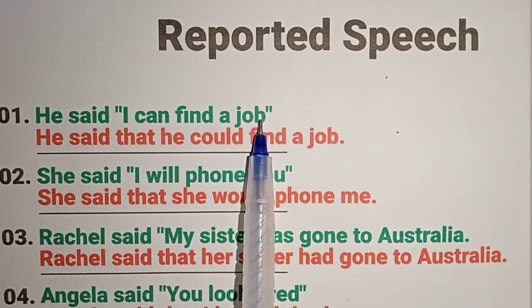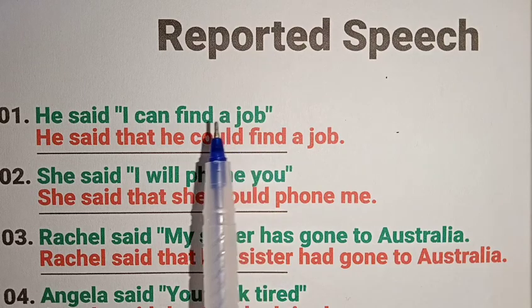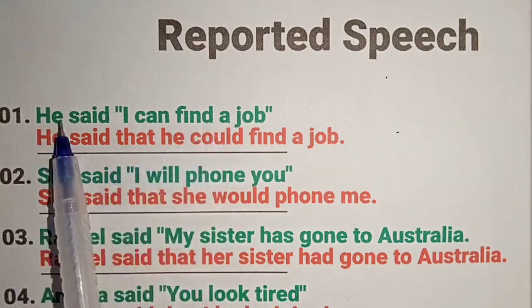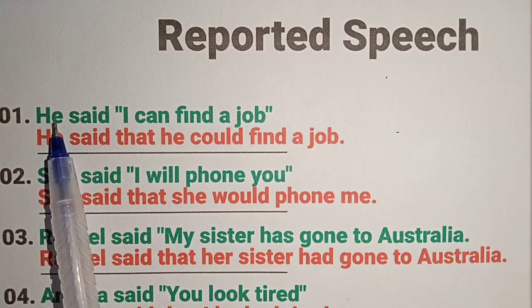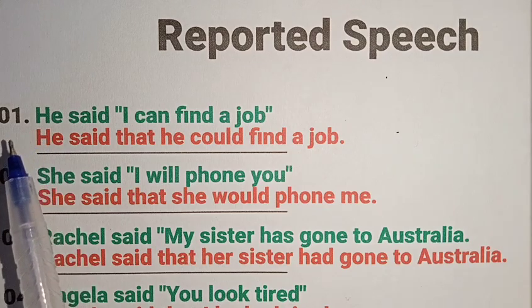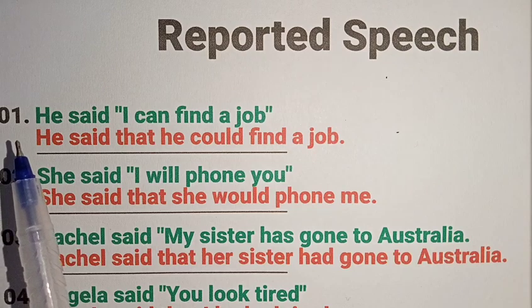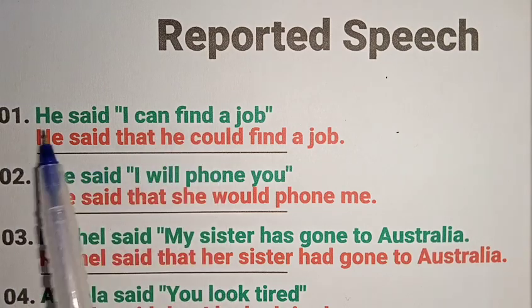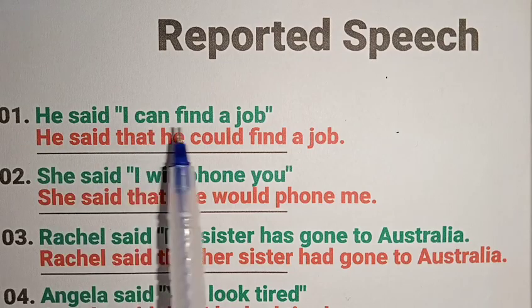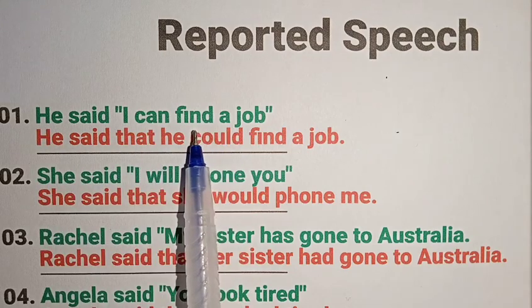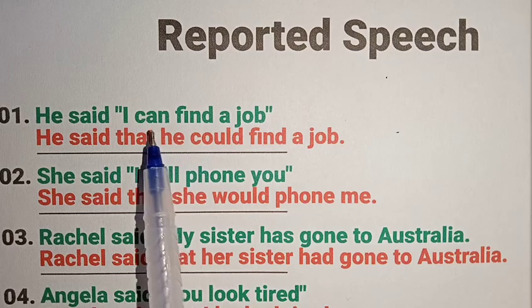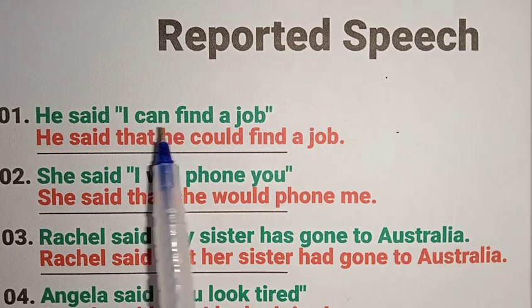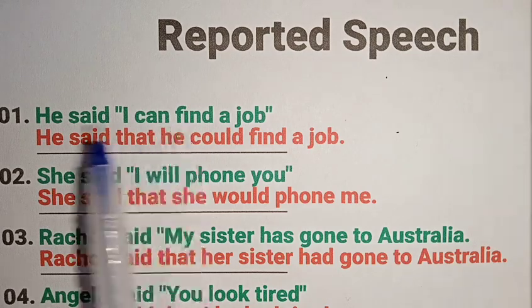These words are spoken by this person. His own words. So this sentence is said by him. "I can find a job." You can understand that it belongs to present tense, can.